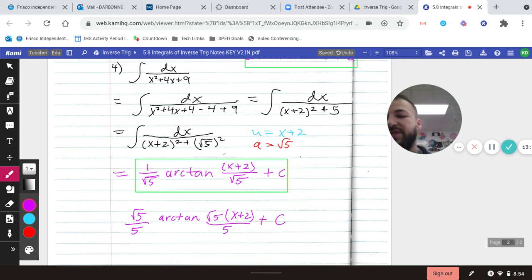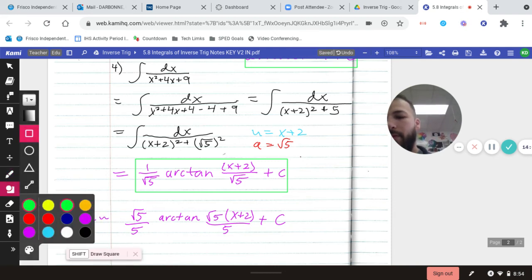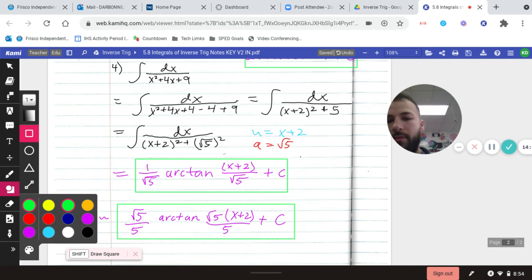And then, of course, still your plus c. And that would be it. So just a little extra step if you want to rationalize, but you don't have to.